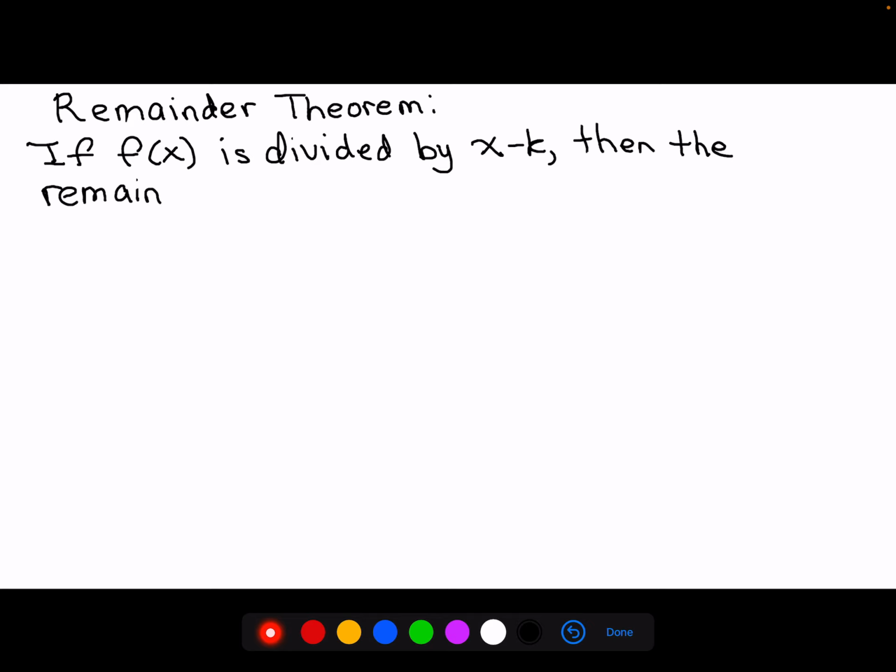It's an offshoot from our division algorithm earlier. Then the remainder is f of k. You're like, what? What does that mean?